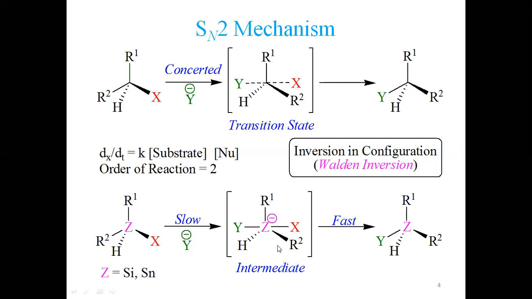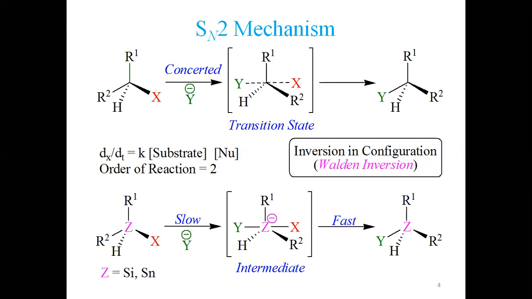This is not a transition state. This is a major difference between the two systems. If the substitution takes place on carbon, it shall follow a transition state, a concerted mechanism. But if it is silicon or tin, where the substitution is taking place, then it shall not follow a concerted mechanism with a transition state. It shall follow intermediate formation.